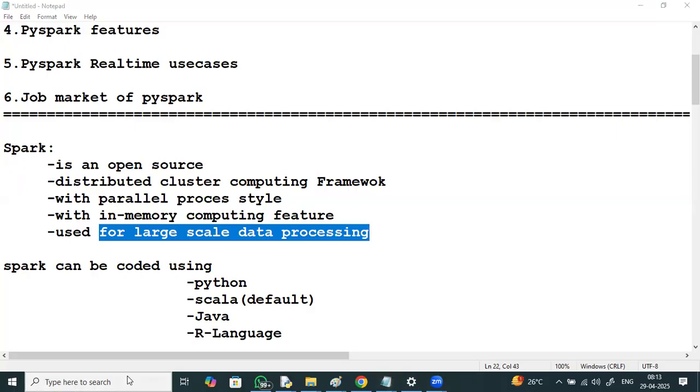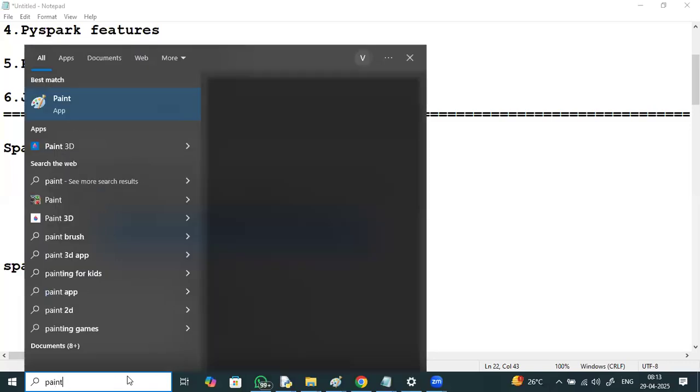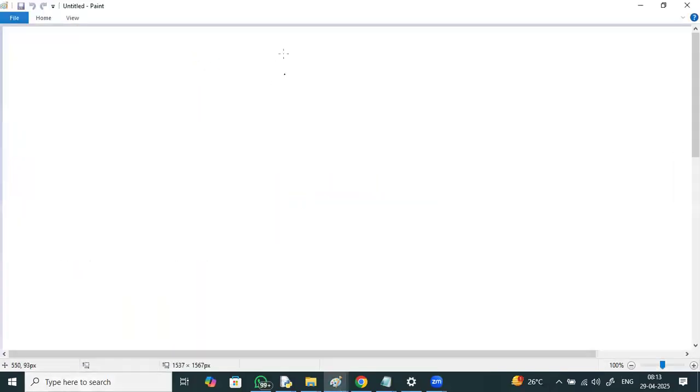One thing before I go, you need to understand, right? Here, it follows master-slave architecture, not client-server architecture. Single master and multiple slaves, right?